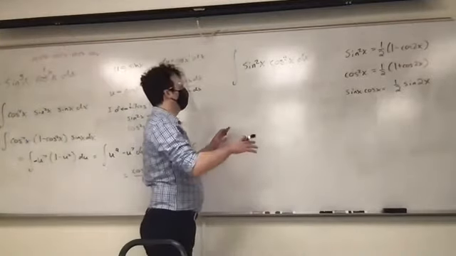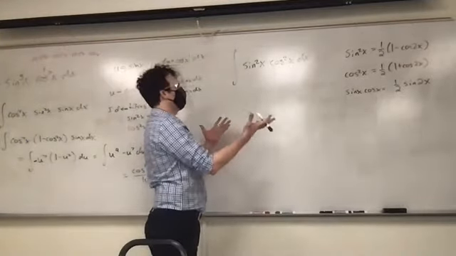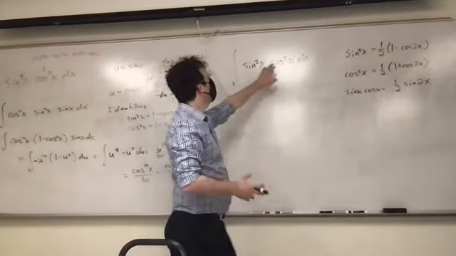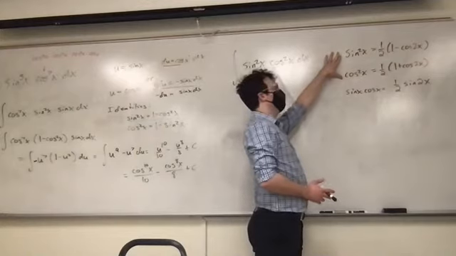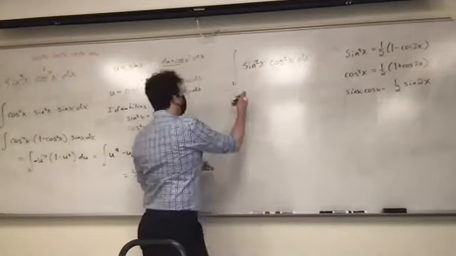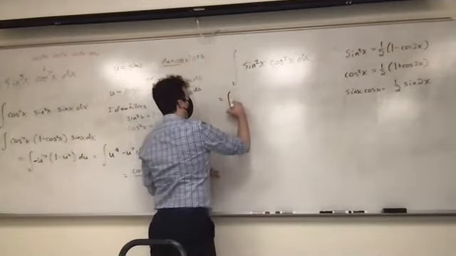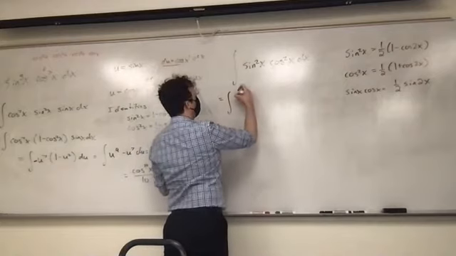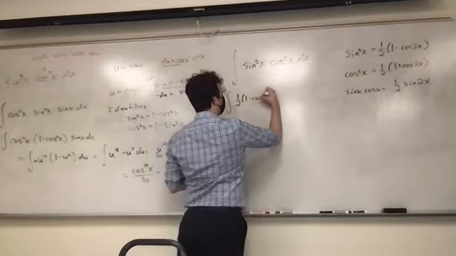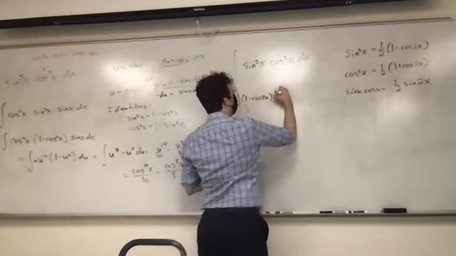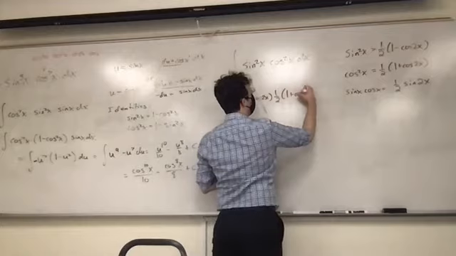So the way that's staring us in the face is each of these sines and cosines we can turn into these other expressions here. So this is the integral of, instead of sine squared, 1/2 times 1 minus cosine 2x. And then 1/2 times 1 plus cosine 2x.